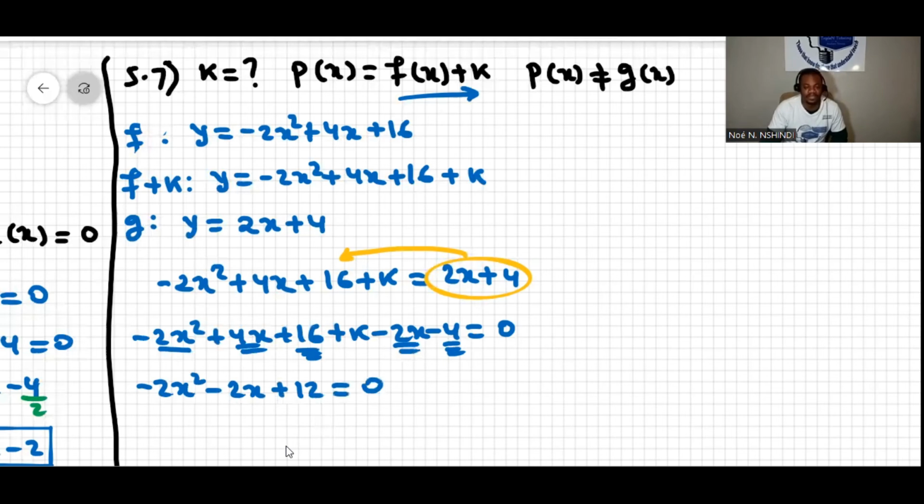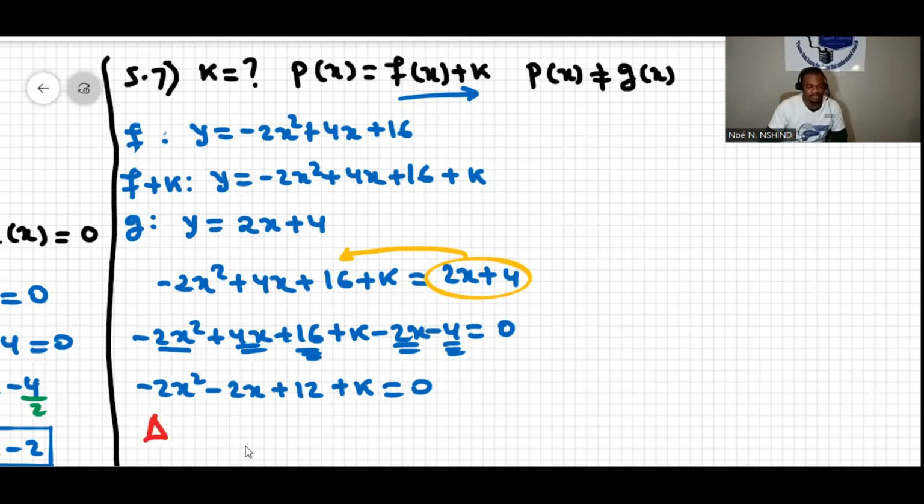Sorry, plus k equal to 0. So I cannot divide by negative 2 here. I must leave it like that. Now, if I need to find the value of k, I need to use the discriminant, okay?